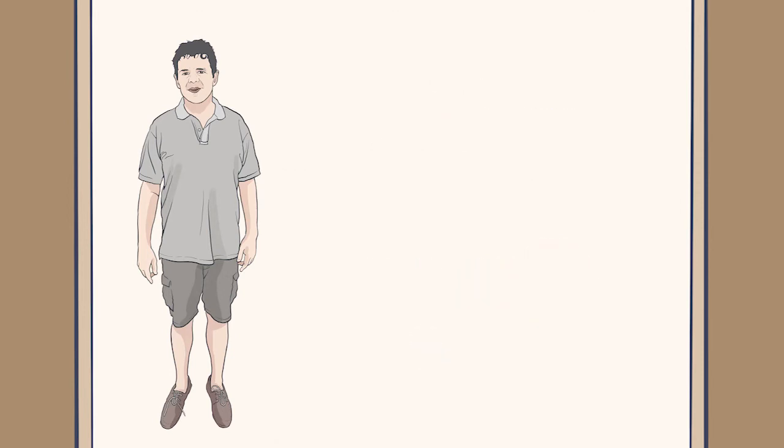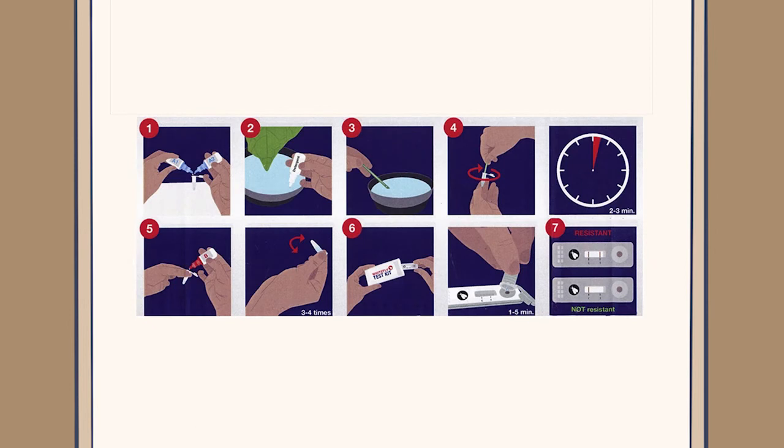The procedure for this antibody-based lateral flow test assay includes collection of approximately 10 insects in a tube, addition of a few drops of a buffer solution, and homogenization using a pestle.